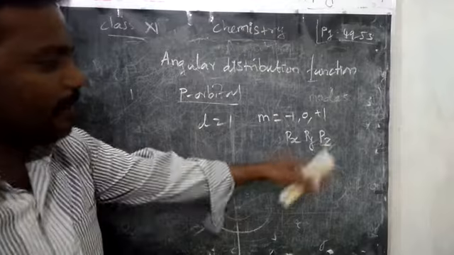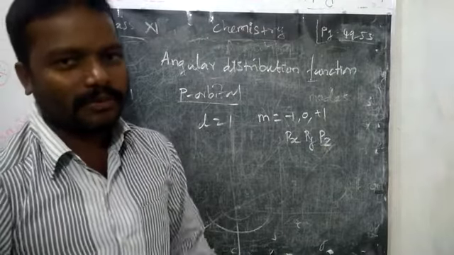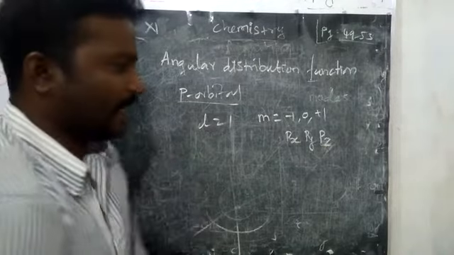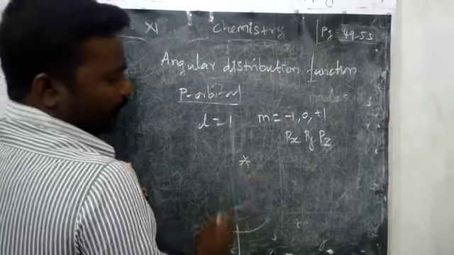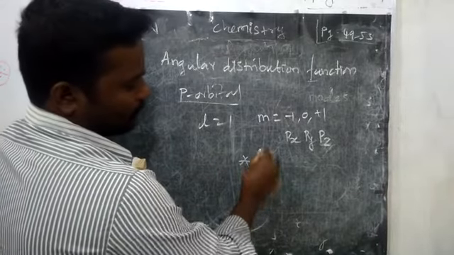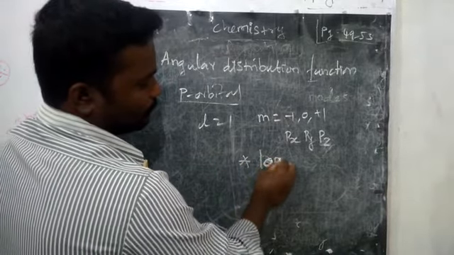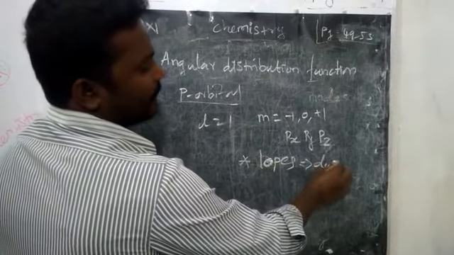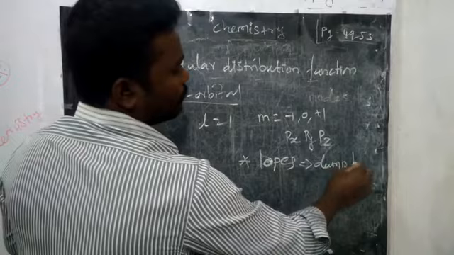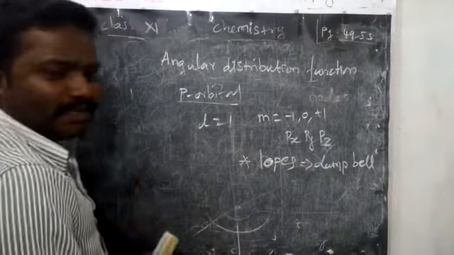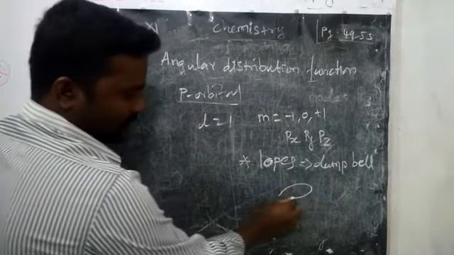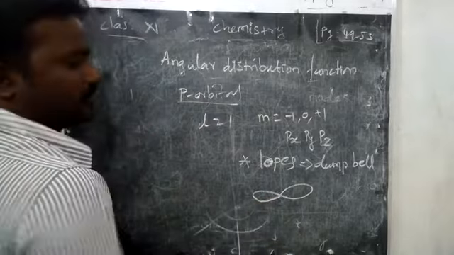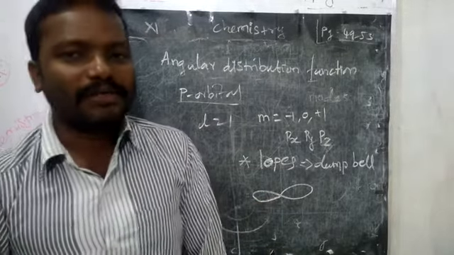So what about the shape? It will produce loops, otherwise we can call it dumbbell shape. What is dumbbell shape? Loops like this are called dumbbell shape.